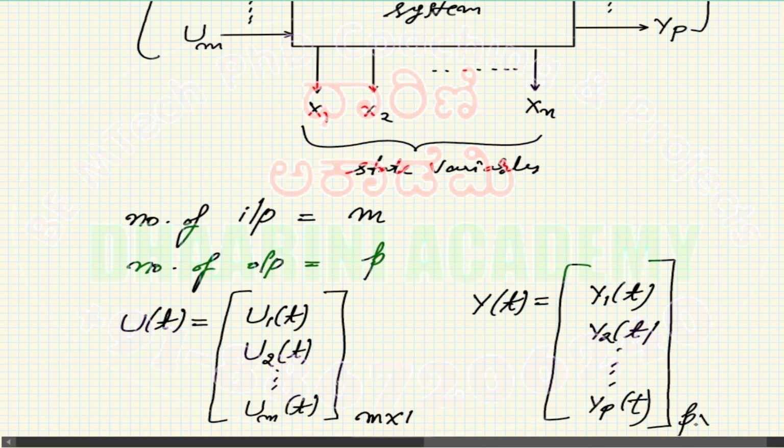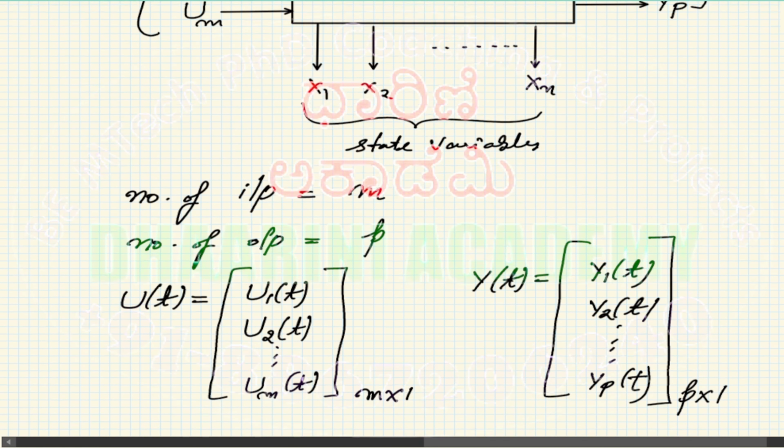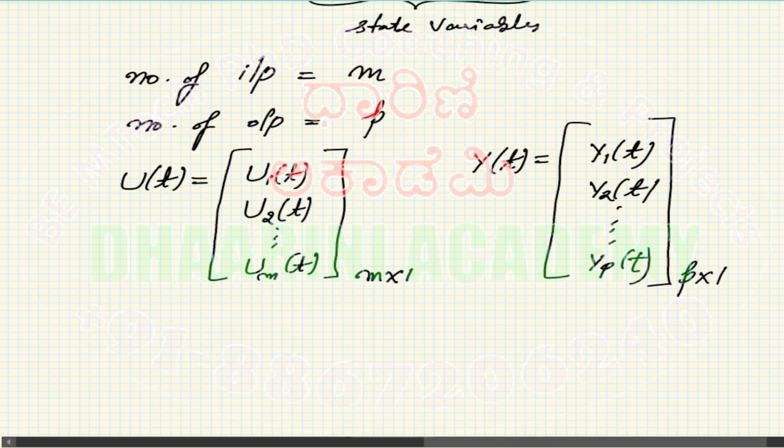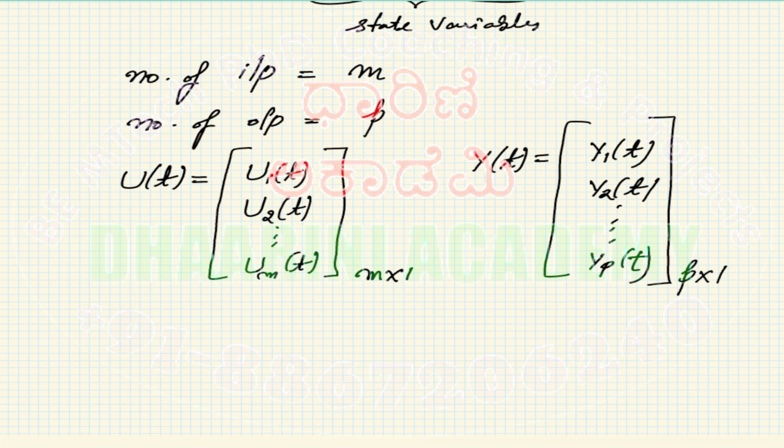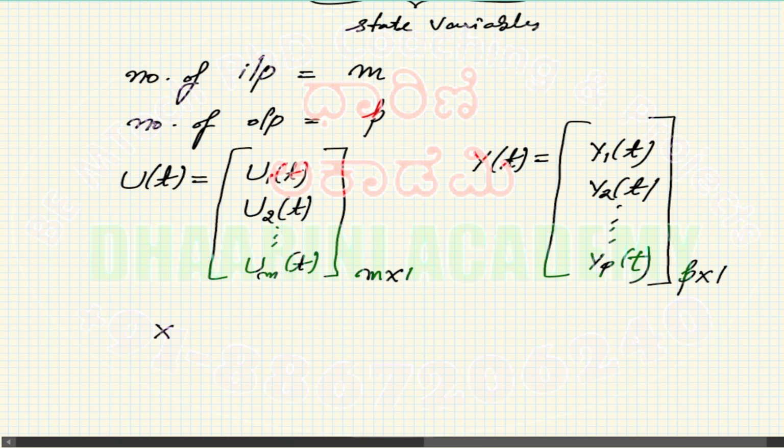This is p cross 1, isn't it? And the state variable vector, which we are trying to write, is of size n, its order is n. Therefore x of t is nothing but x1 of t, x2 of t, dot dot dot up to xn of t. This is standard.